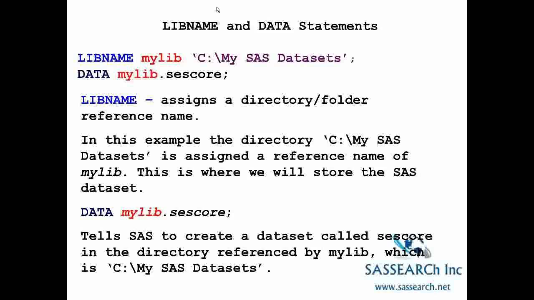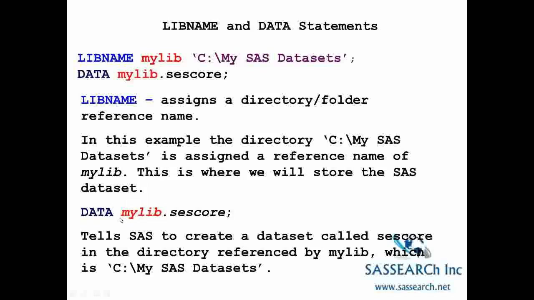And the association between the reference name and a directory or SAS library that contains the SAS datasets lasts only for the duration of the SAS session or until you change it or discontinue it with another LIBNAME statement. So in this example, the directory c:\my SAS datasets is assigned a reference name of mylib, and this is where we will store the SAS dataset.